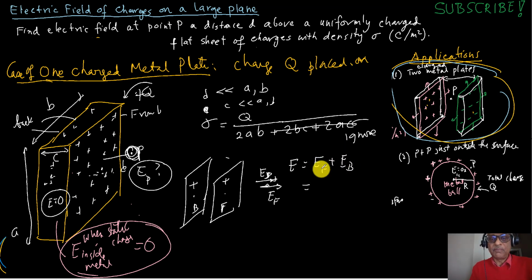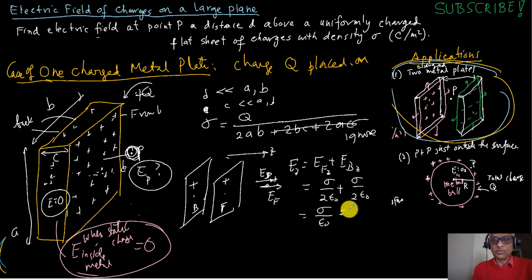And this is the z direction, so this is z, this is z, and all of them positive. So you have sigma over 2 epsilon naught plus sigma over 2 epsilon naught added up, sigma over epsilon naught. And so this is q over 2 ab epsilon naught.